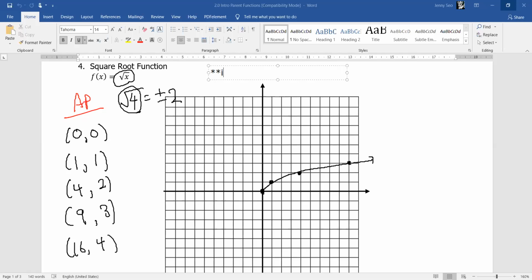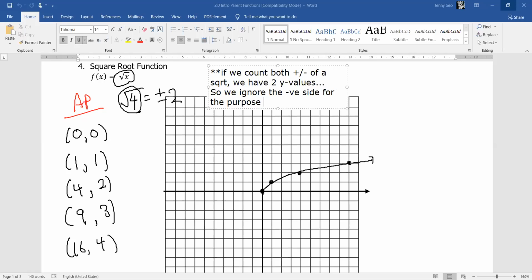If we count both plus and minus of a square root, we have two y values, which we don't want. So we ignore the negative side for the purpose of using this as a function.